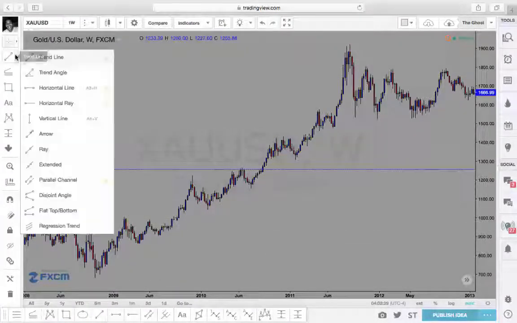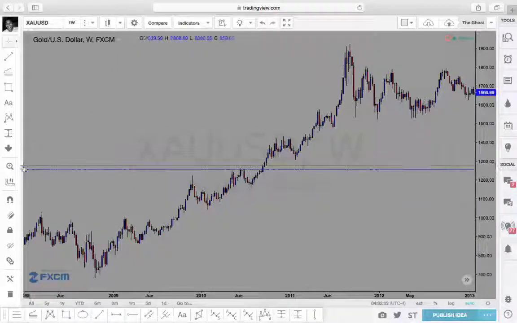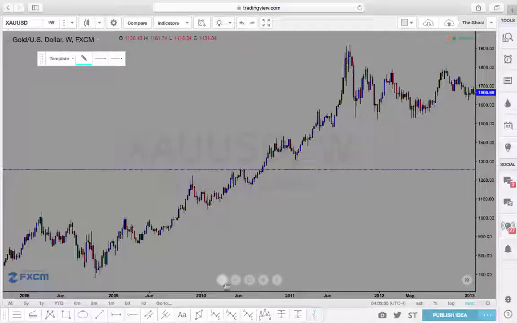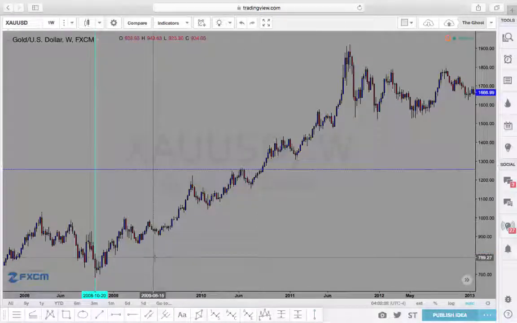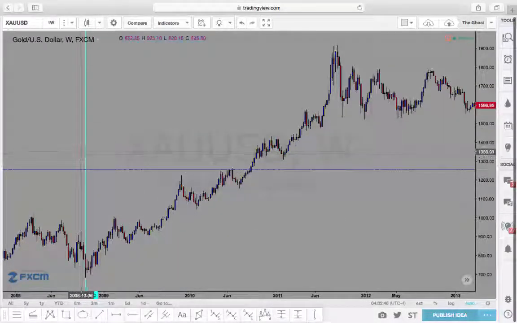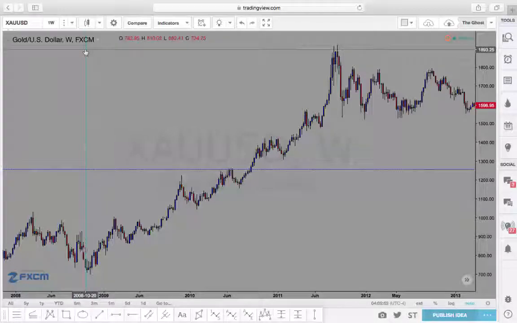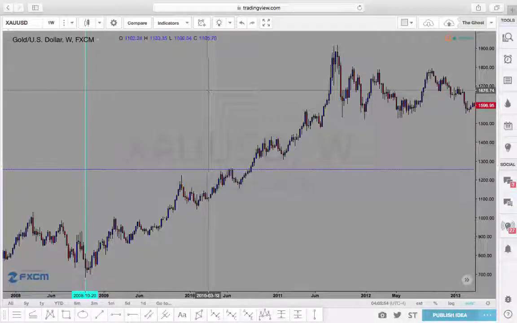Let me go ahead and favorite this, since I'm going to be using it a lot. We're going to focus on from here and forward. Anything behind here is not what we're focused on. We're focused on everything that goes forward. So I'm putting this marker right here so you guys will have a basic idea what we're looking at. Anything from this vertical line on forward is what we're focusing on.